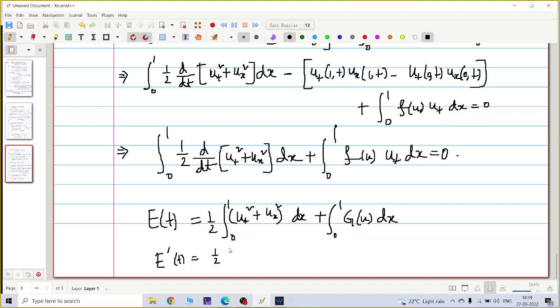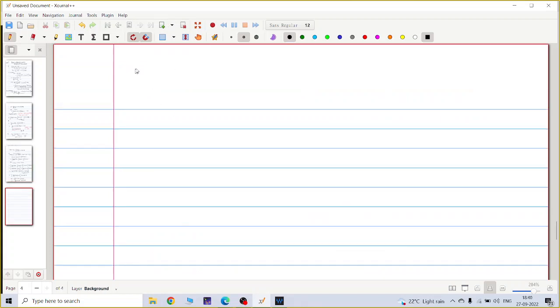Derivative by using differentiation under integral sign is d/dt of half of ut square plus ux square dx plus d/dt of integral 0 to 1 g(u) dx, right? Or you can write the derivative inside. So if I compare this with these two, I will get half of E dash t plus integral 0 to 1 d/dt of g of u dx equal to 0.